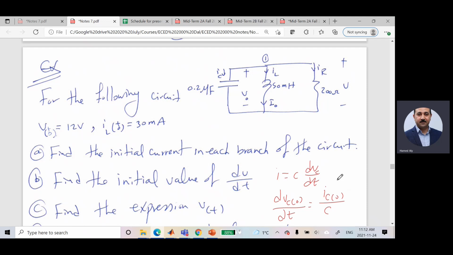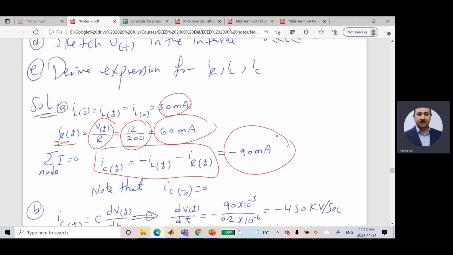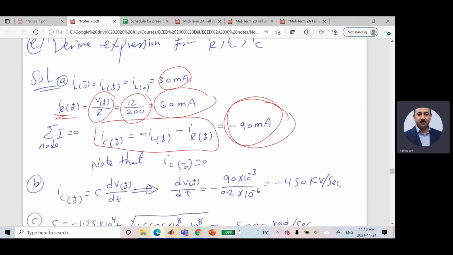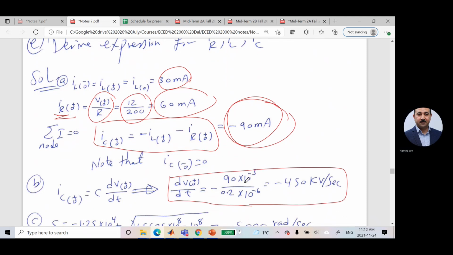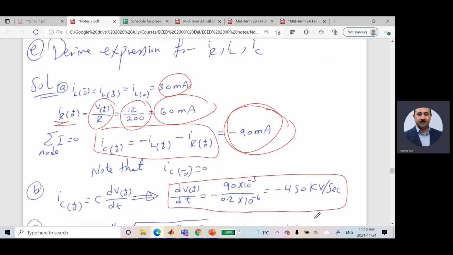So what I need for finding dVC of 0 by dt is IC of 0. Do I have that, and do I have C? Yes, C is equal to 0.2 microfarad. I have already calculated this guy. So I can say dV of 0 by dt is equal to IC of 0 divided by C. IC of 0 is equal to negative 90 milli, divided by C, which is 0.2 times 10 to the power negative 6.